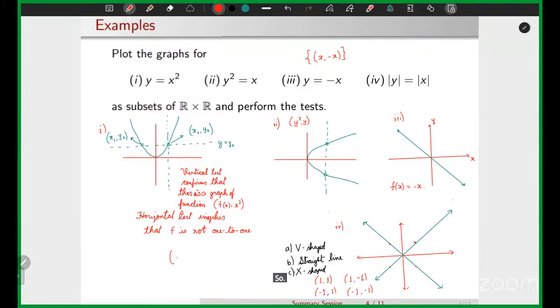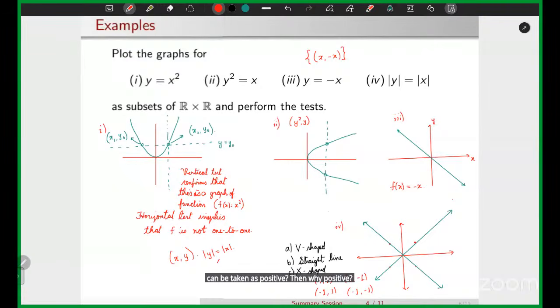So if I have a point which is this, and I'm told that mod y is equal to mod x, what does this mean? What are the possibilities? X can be taken as positive, then Y positive.